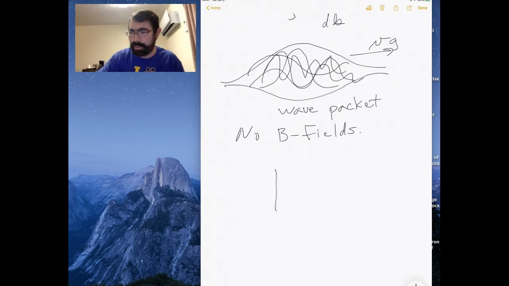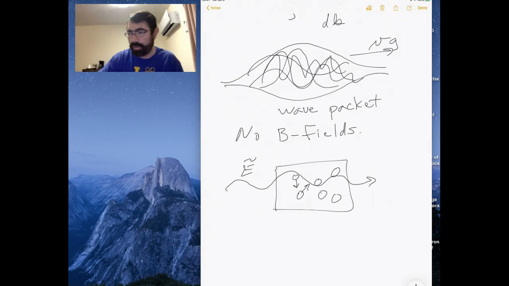So we have our material, which is full of molecules, and then the E field goes through there, and that E field is going to apply forces on the electrons in the molecules. We're only going to consider the electrons.